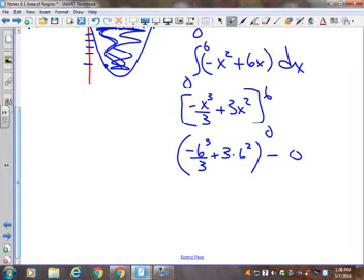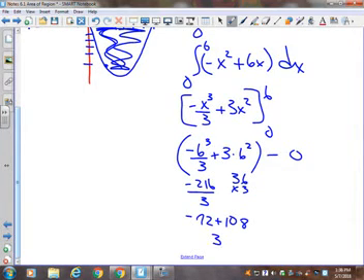Six cubed is 216. 216 divided by 3 is 72. So that's negative 72. 36 times 3 is 108, and that makes 36, if I did the math right.